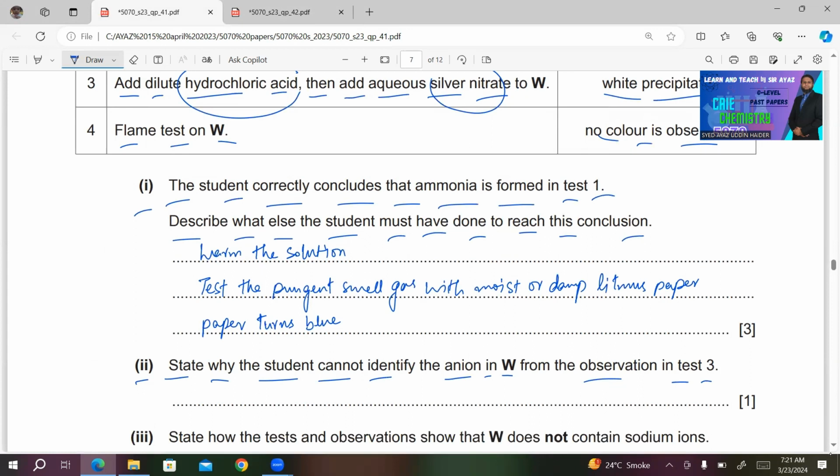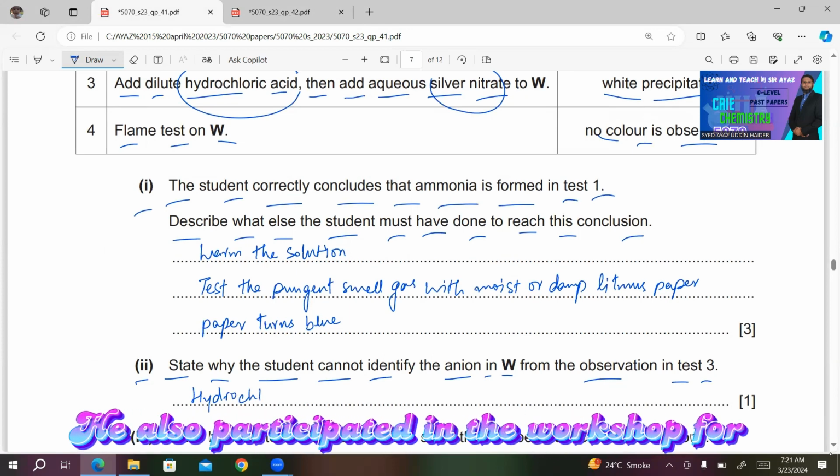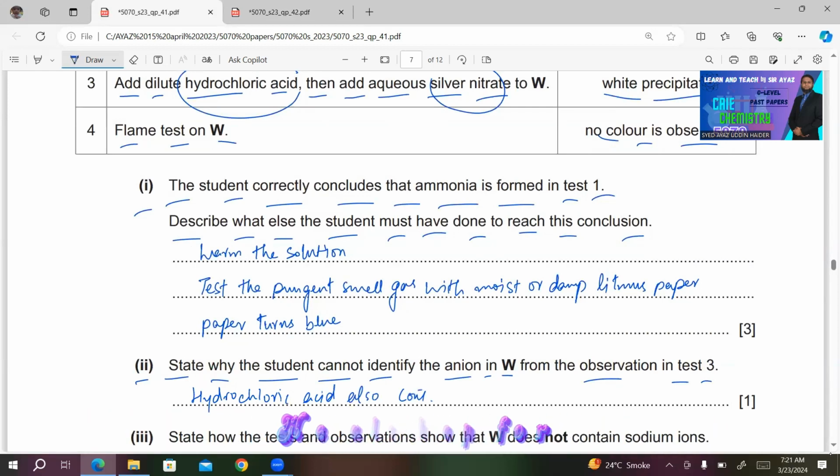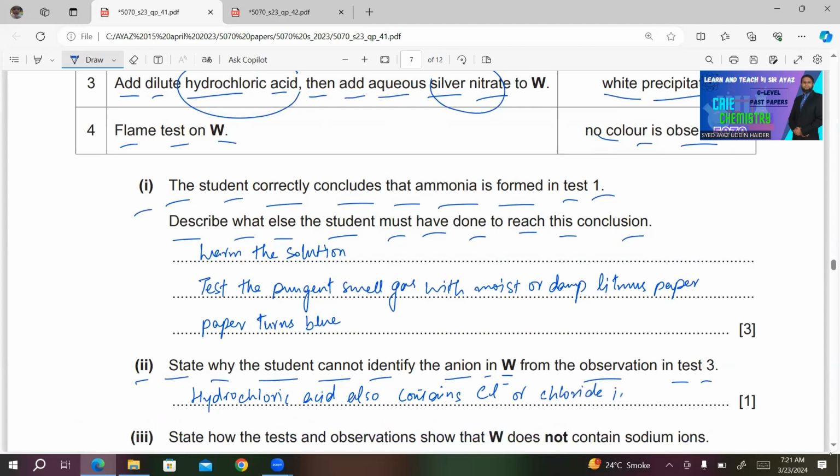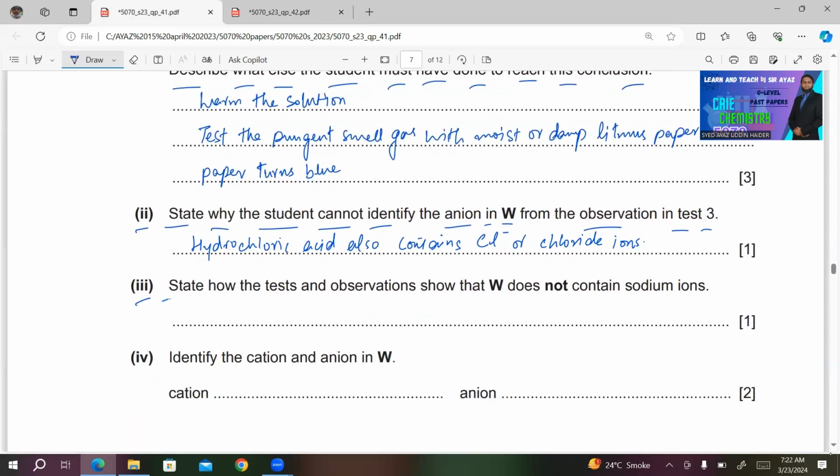So you write: hydrochloric acid also contains Cl negative, or chloride ions.